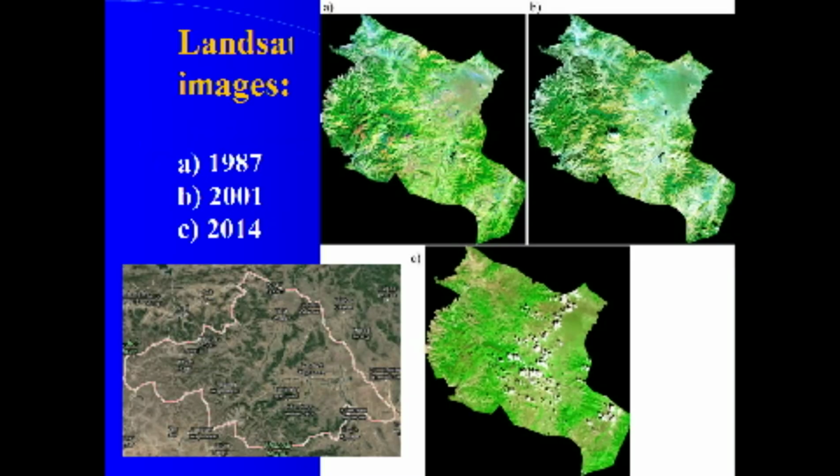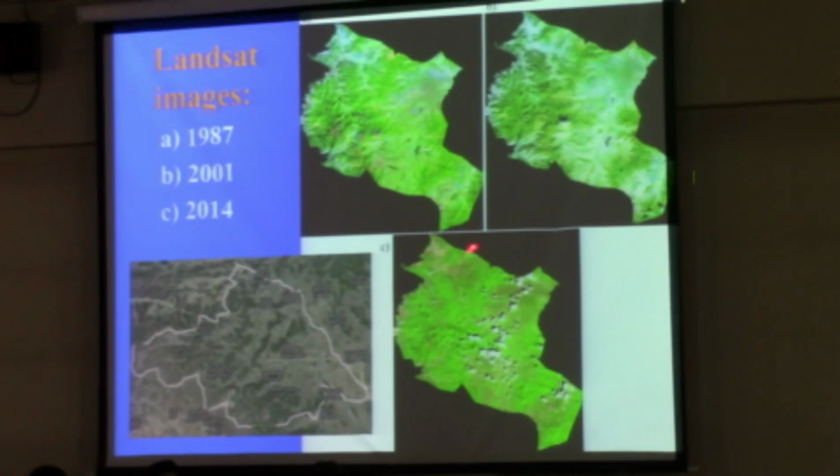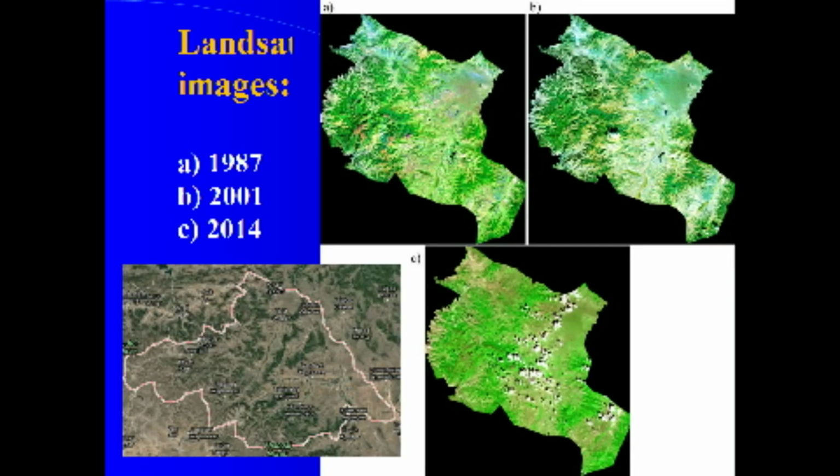Here you can see Landsat images acquired in 1987, 2001, and 2014. The test site is located in the northern regions of Arkhangai province, central Mongolia. Actually, this area represents 3 zones located in the northern part of the province.